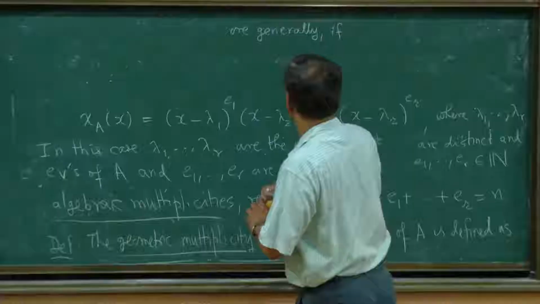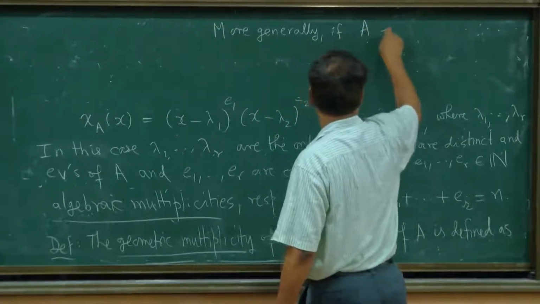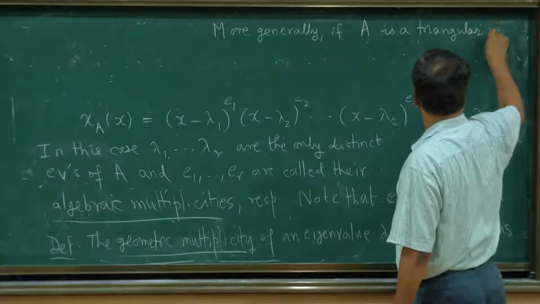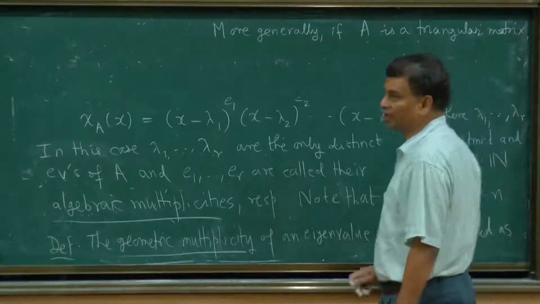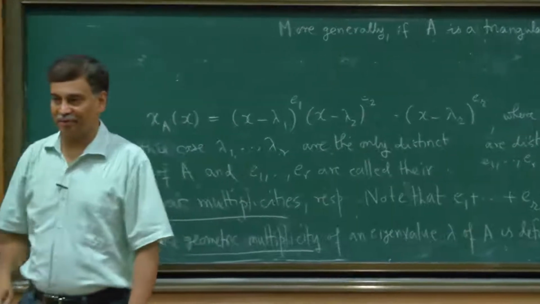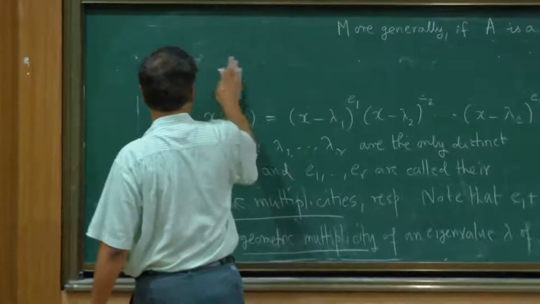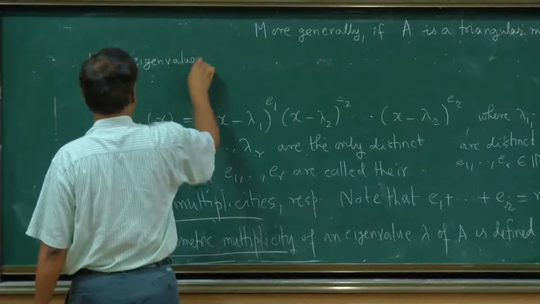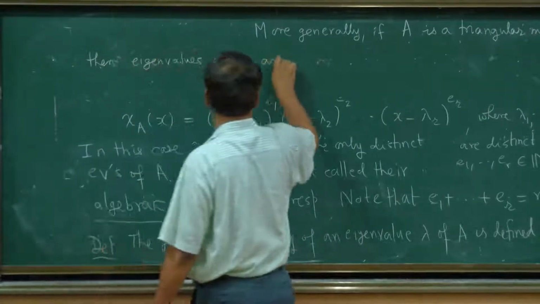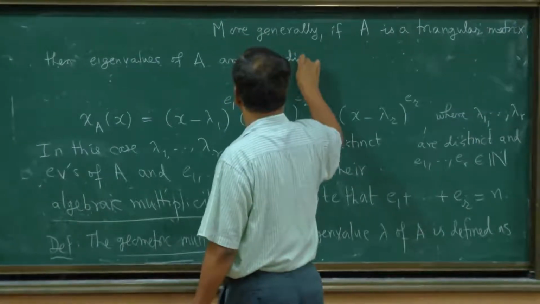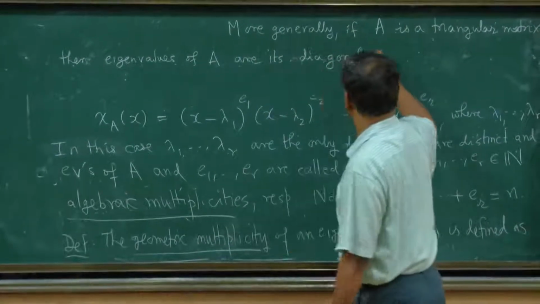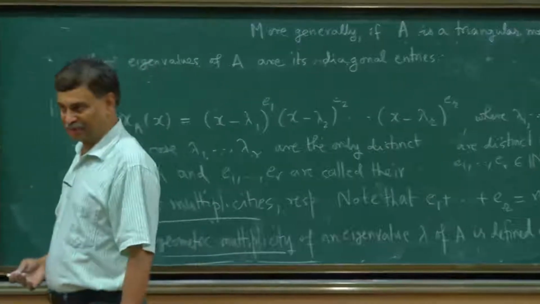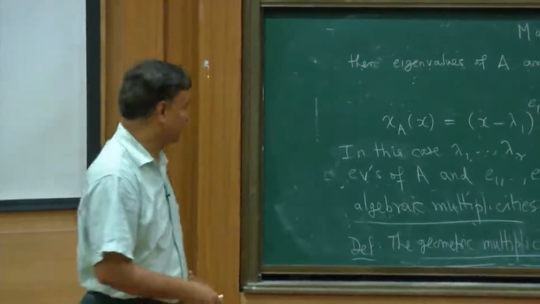More generally, if A is a triangular matrix, that means upper triangular or lower triangular, then the eigenvalues of A are its diagonal entries. So these are examples where it is easy to find eigenvalues, because the determinant is just the product of the diagonal entries.